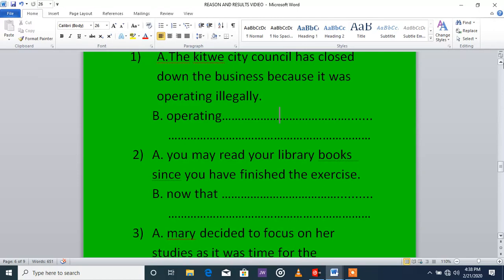Now begin operating. So the answer will be operating illegally, comma, the Kitwe City Council has closed down the business. You put a full stop. Don't forget to punctuate.